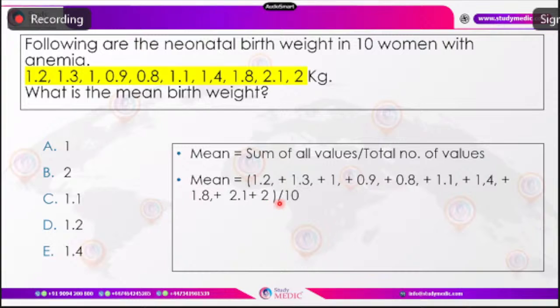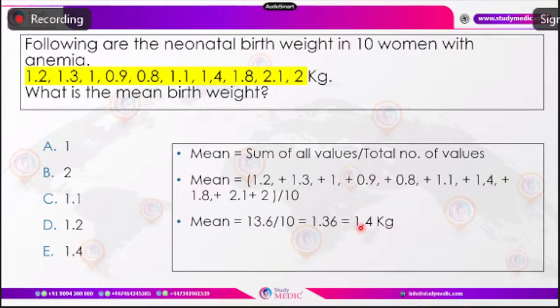So we add and divide by the number of women, which is 10. It will be equal to 13.6 divided by 10, that is 1.36, and approximately 1.4 kg is the answer. So 1.4 kg is the mean neonatal birth weight in this sample, drawn from the population. So this is the mean.